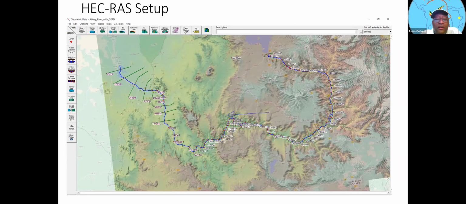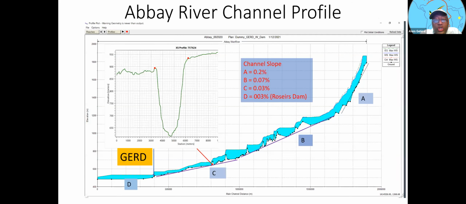Next slide, please. This is a channel profile for the Abbay Basin. The upstream part has a very steep slope, and it goes down to the GERD. You see it close to the bottom of the screen. This is a perfect place to put a flood control reservoir.